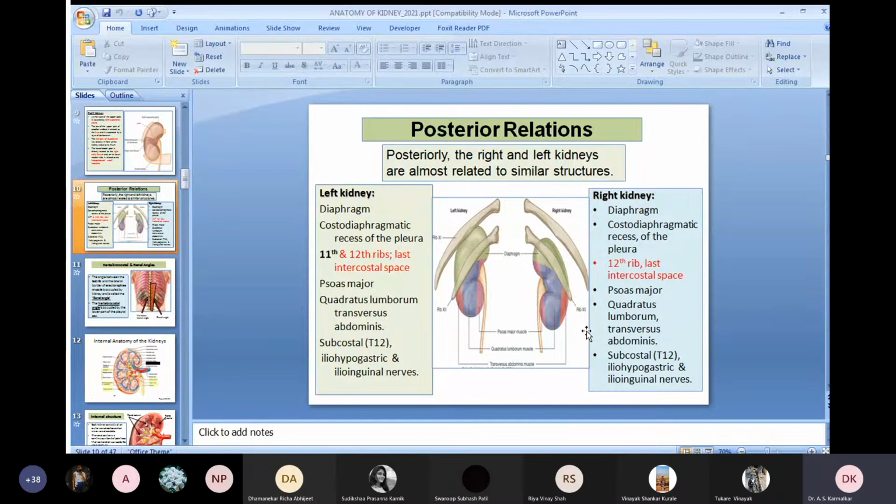So the right kidney is related to the 12th rib, while the left kidney is related to both the 11th and the 12th rib, while all other relations on the posterior surface of the kidney are the same for both the kidneys. So this may be asked for MCQs as an exception, that is the 11th and 12th rib.